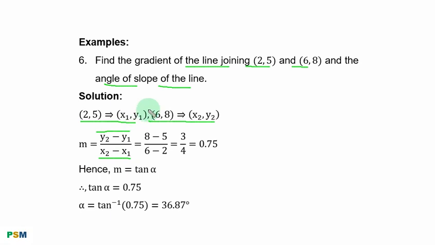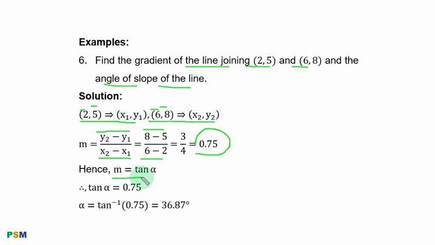So, y2, 8, minus y1, 5, over x2, 6, minus x1, 2. When you subtract, you have 3 over 4, and that is 0.75 as the gradient.